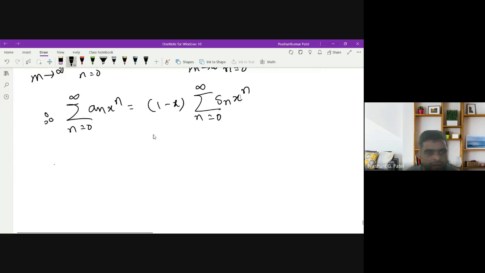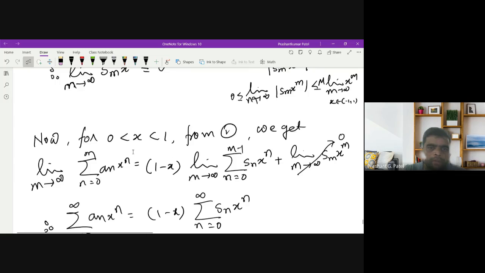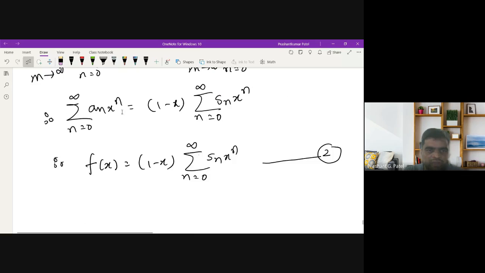That is given as f(x). So we got f(x) is equal to 1 minus x times the summation n running from 0 to infinity of Sn x raised to n. We call this statement number 2. Because you can see that in the given series, f(x) is the summation of an x power n.